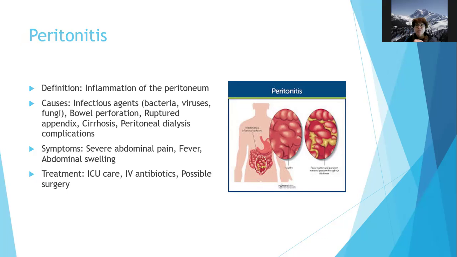When we talk about the renal kidney system, we'll talk about peritoneal dialysis. But it's super, super serious. This is one of the top 10 things that could kill you. The symptoms are severe abdominal pain, high fever, abdominal swelling, puts you in the ICU on IV antibiotics and possible surgery. It is very, very serious.